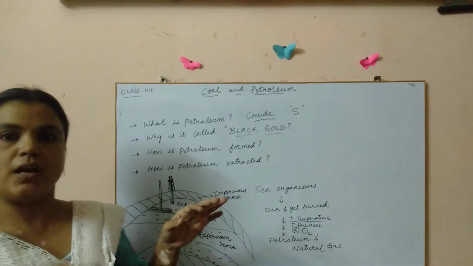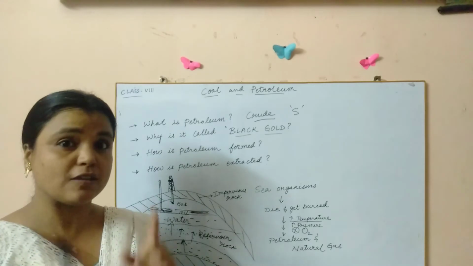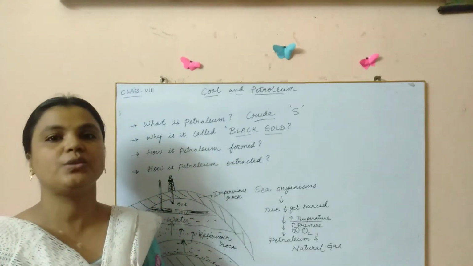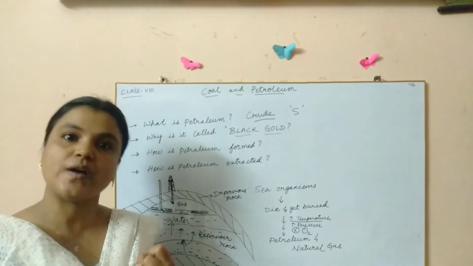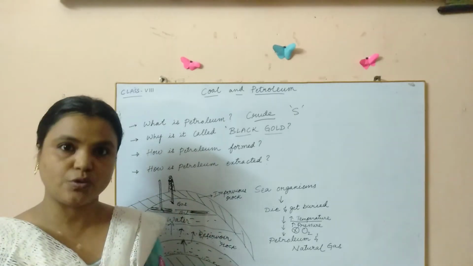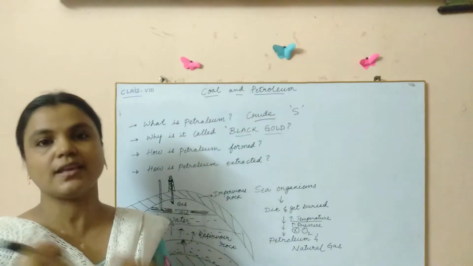So now it's given in your textbook. Please go through your textbook, children. Where was the first oil well drilled? You have to find out the answer. Where was the world's first oil well drilled and the second oil well drilled? And you have to find the places where you can find oil reserves in India.